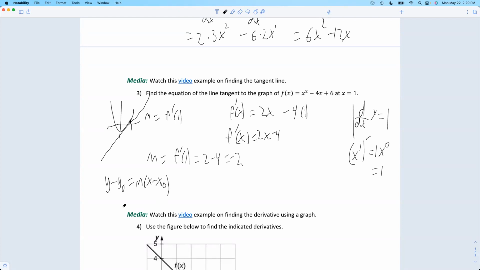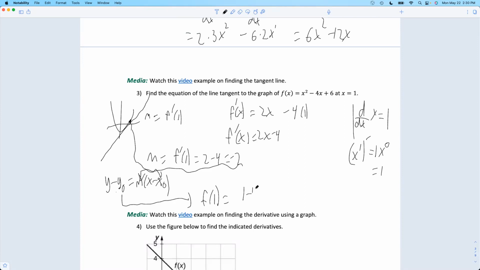A lot of mistakes happen here. This y value right there is the y value on the original, not the derivative. I already know f prime of 1. I just found it. That's the slope. That goes right there. I know this is 1. That's my x value right there. The y value is the original evaluated at 1, not the derivative.